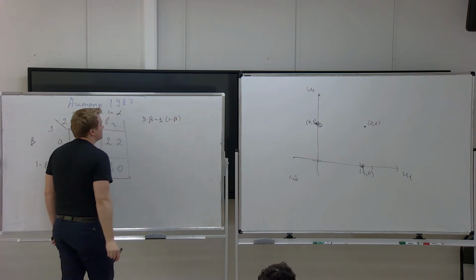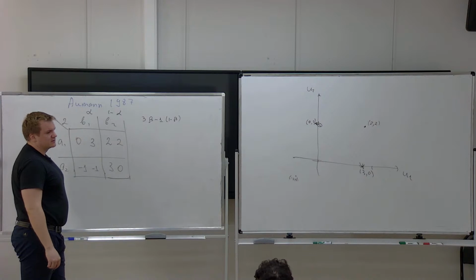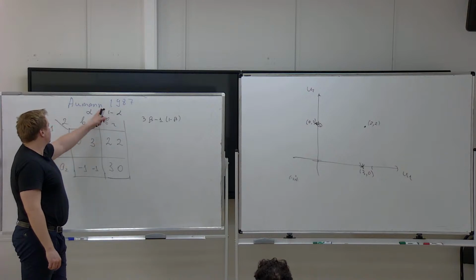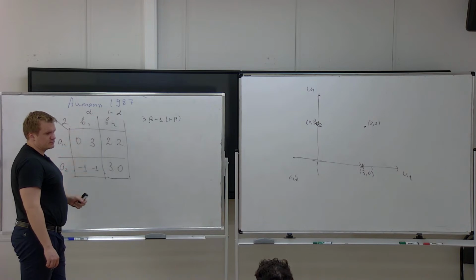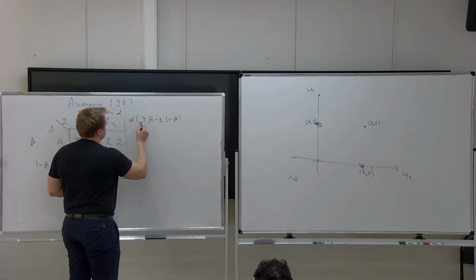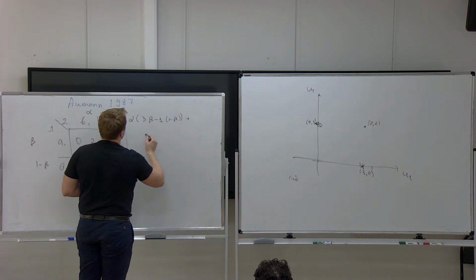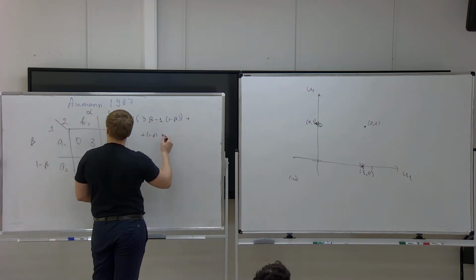So this is what player 2 would get if he were to choose b1. So we multiply alpha by that thing, and add 1 minus alpha and multiply by 2 beta plus 0.